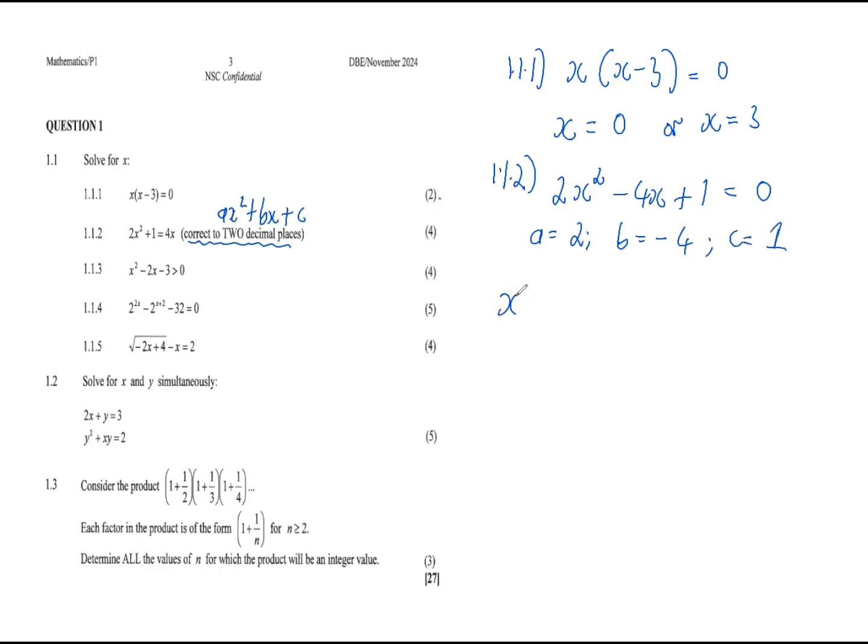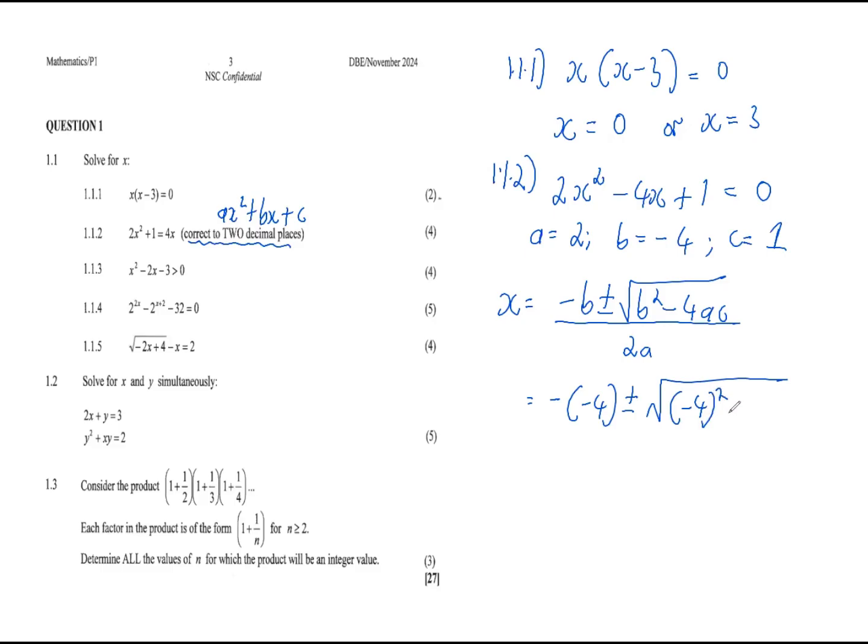Then we can write out the quadratic formula. If you ever forget these formulas, guys, do not be ashamed to go to your data sheet. The last page of the question paper is your data sheet where you have all these formulas, so you can check them there instead of writing the incorrect formula.